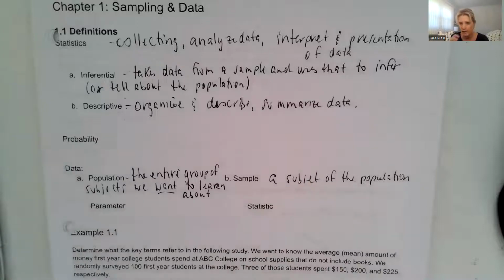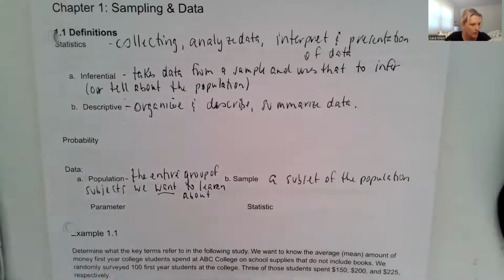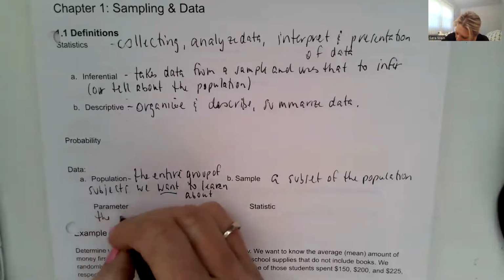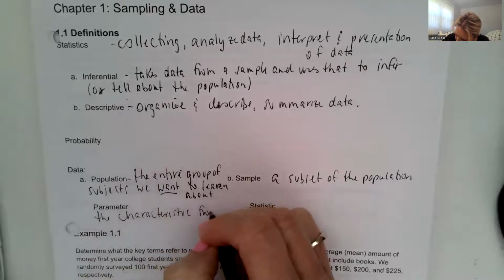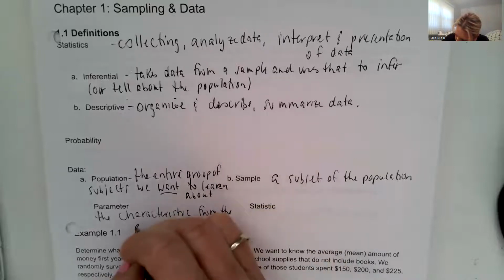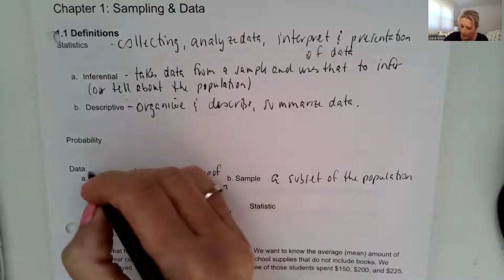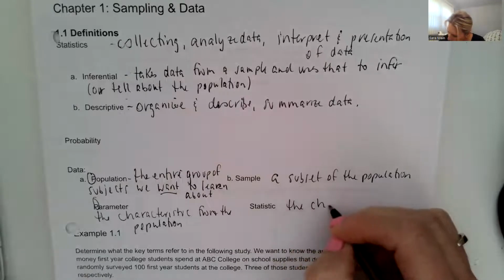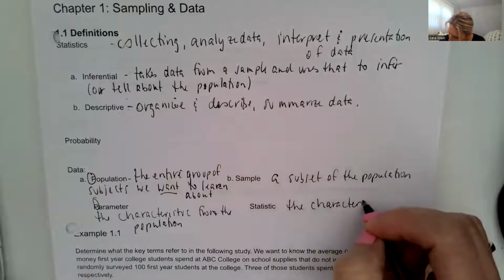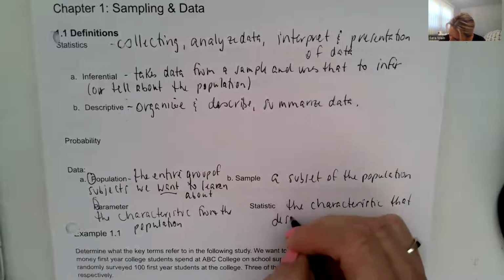If I were to ask that question, the number of siblings, the parameter would be the characteristic from the population, and you can remember that the parameter describes the population because they both begin with P. And the statistic is the characteristic that describes the sample.